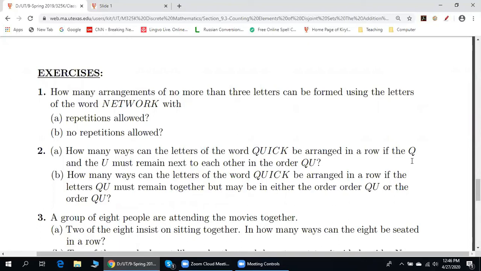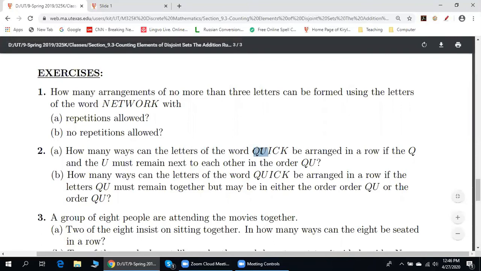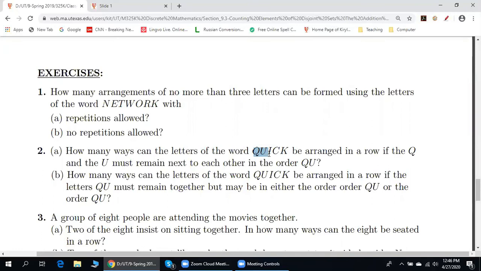Yes. Exactly. So we think about QU as a single object. We have object number 1, QU, object number 2, I, object number 3, C, object number 4, K. We have 4 different objects. In how many ways can we rearrange 4 different objects?